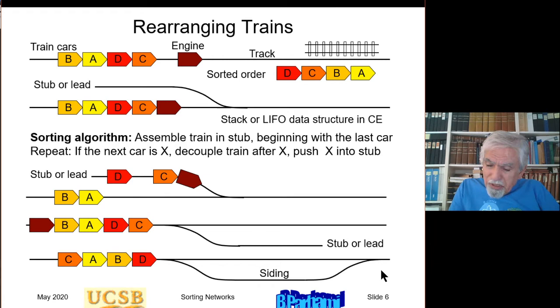Now it can act not only as last in, first out, as a stack, but also as a queue, which is known as FIFO, first in, first out. So if I push things into the siding and pull them out from the other side, this will be first in, first out. The first thing to go into the siding is the first thing to come out from the other side.